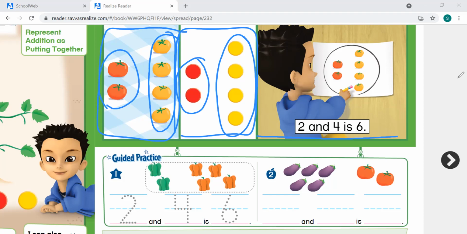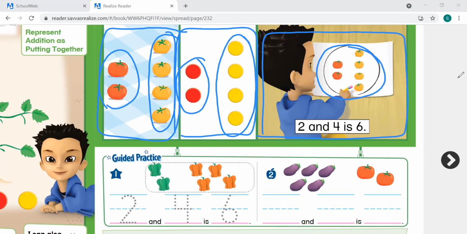Let's look over here in our last box. What does this drawing show? It shows the groups of tomatoes. So what is one way to put together these 2 groups of tomatoes? We can draw a circle around them.